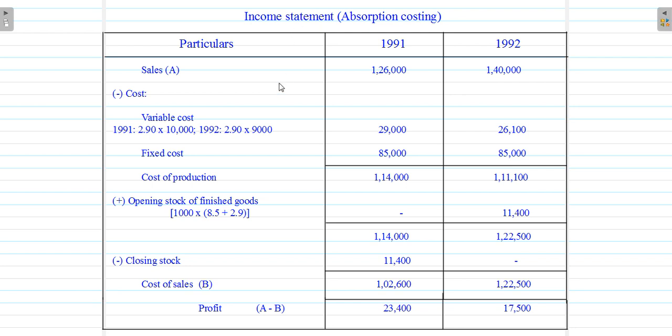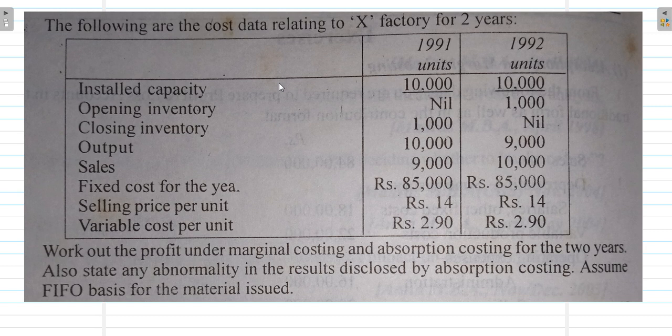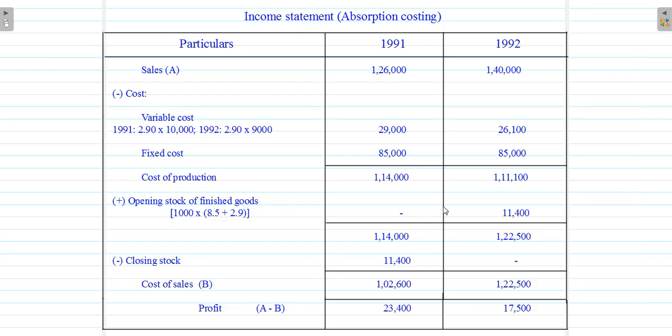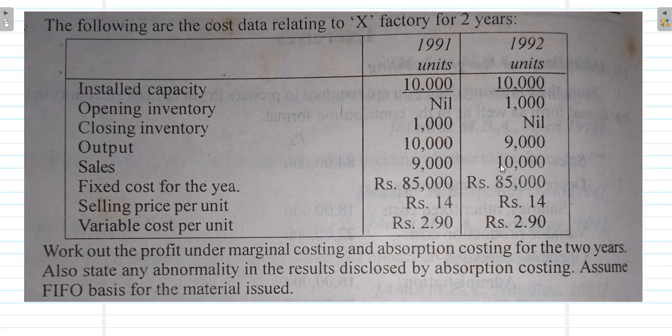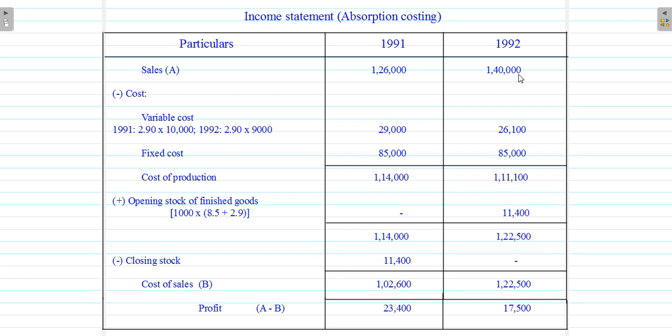We know that the selling price is 14 rupees and the number of units sold for the year 1991 is 9,000. So 9,000 into 14 is 1,26,000 and 10,000 units into 14 is 1,40,000.